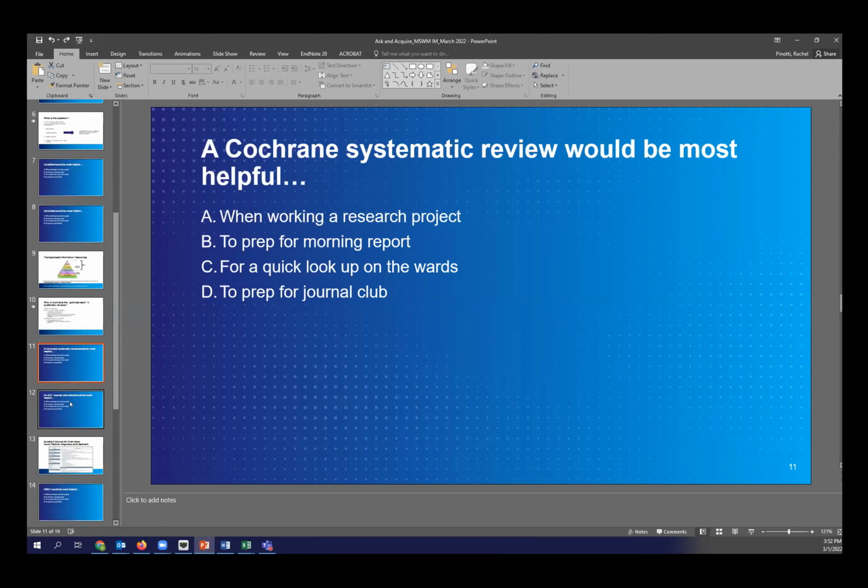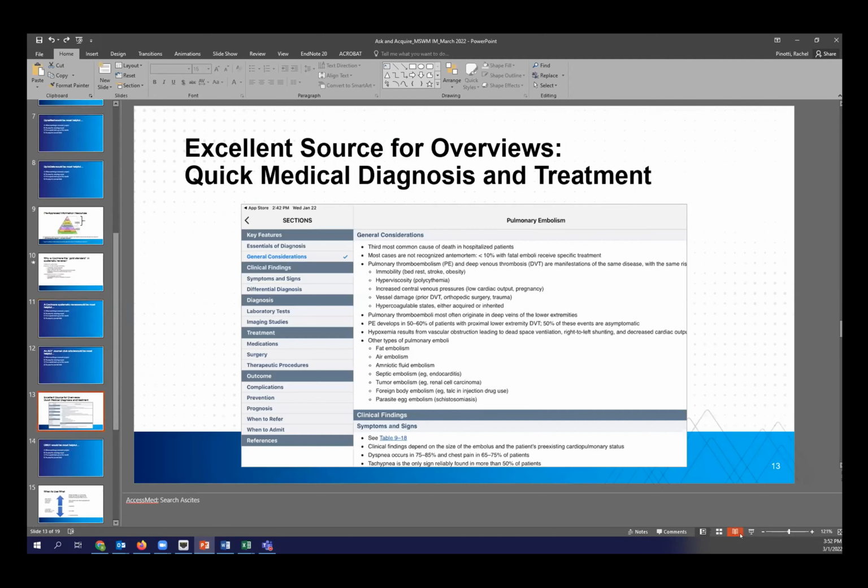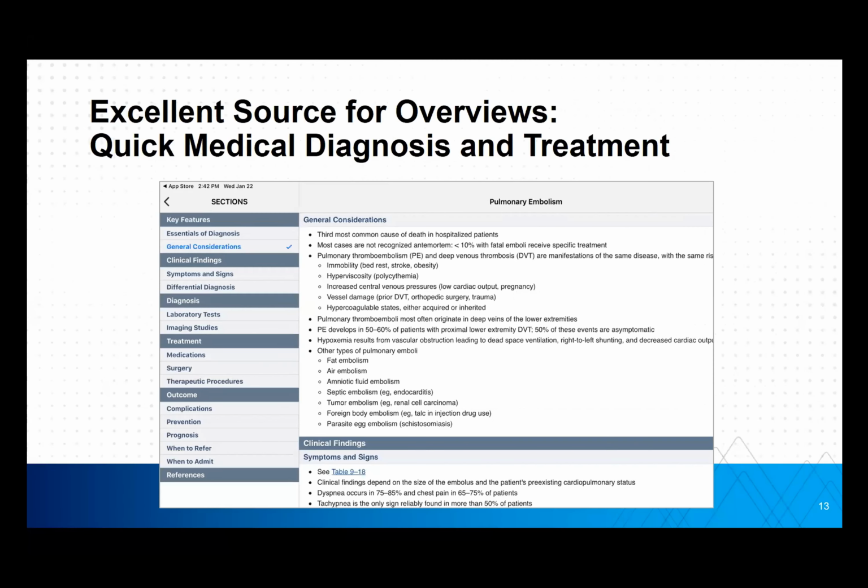There's one more resource I want to call out, which is called Quick Medical Diagnosis and Treatment. I think it's a really, really great summary and background. As I mentioned, today we spent most of the time talking about those occasions when you might need to dig further into the literature. But very, very often you don't need to do that at all.